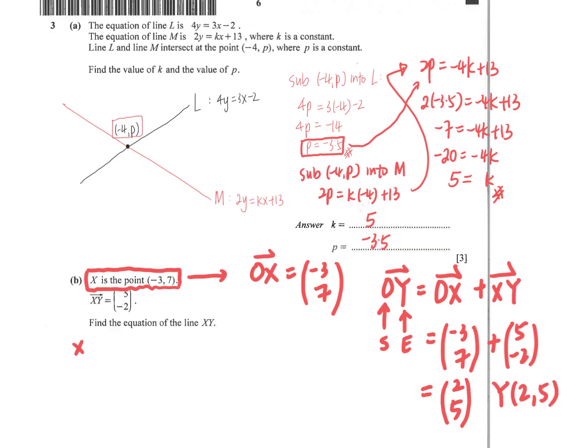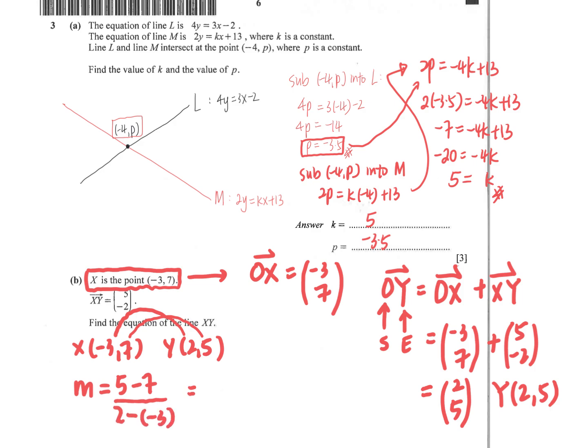So with X being (-3, 7) and Y being (2, 5), you can find the gradient: y2 minus y1 over x2 minus x1, you will get -2/5. This is your gradient. With the gradient and one point, don't use the point you found, in case you make a careless mistake.